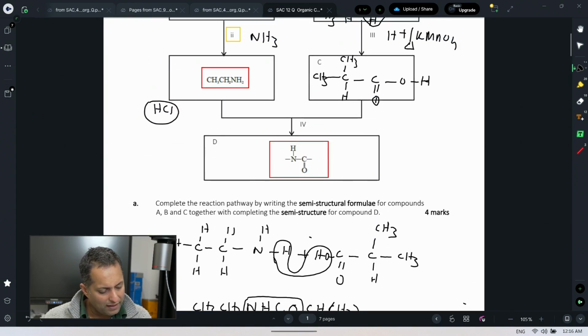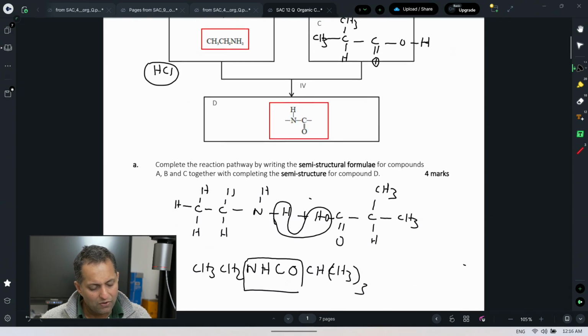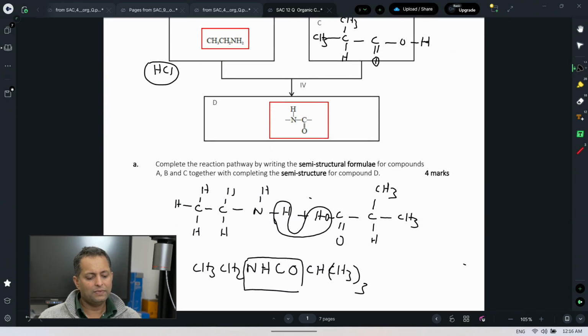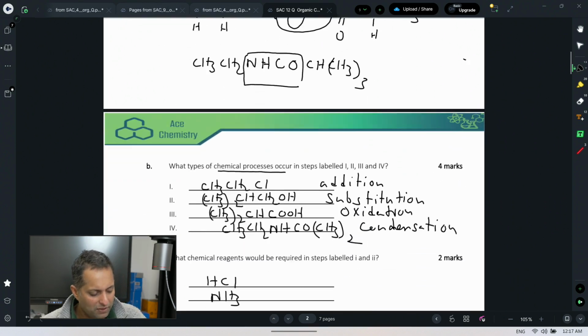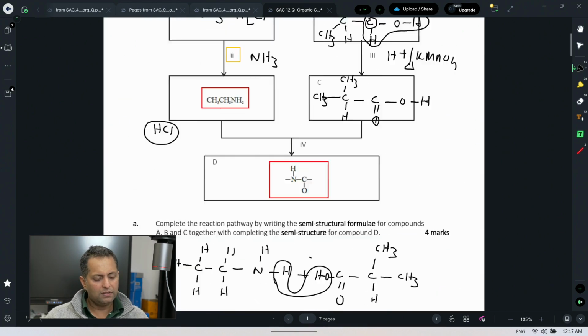Ethane, chloroethane, and C. Oh, carboxylic acid. 2-methyl propanoic acid. You don't have to say 2-methyl, just methyl propanoic acid. Yeah, you're right, there's no other methyl. Simple.